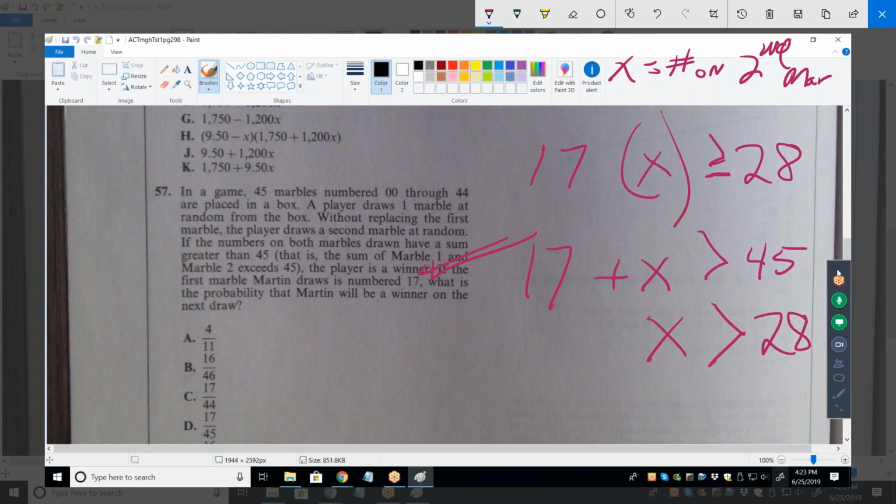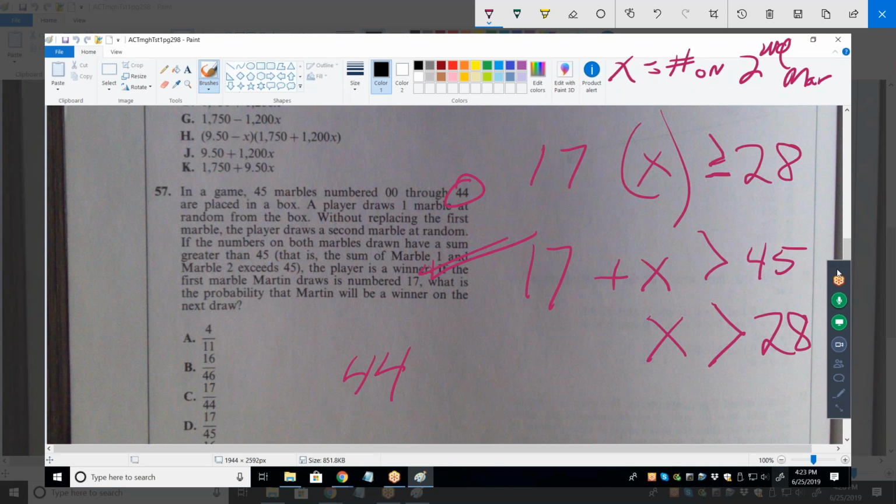Okay. Now, there's 44 marbles left. How many of them are greater than 28? 16. Let's see, 29. I think maybe only 15, because the highest number marble is 44.